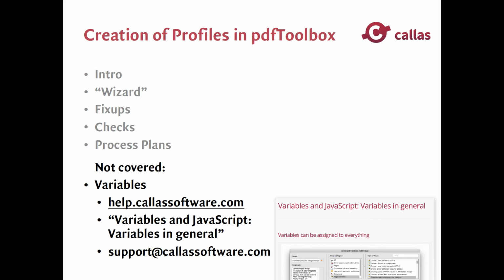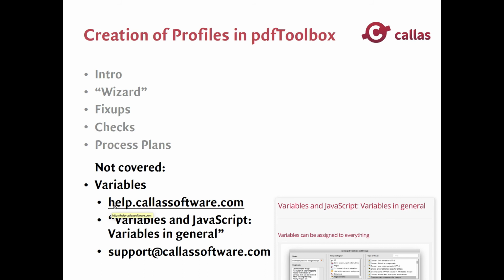That's what I wanted to cover in this video. So we have covered the wizard, fix-ups, checks, and process plans, and of course profiles. What we haven't covered are variables. That I think will be the next step. If you want to know more about that, a recommendation, and we have been there in this video, help.callas.com.